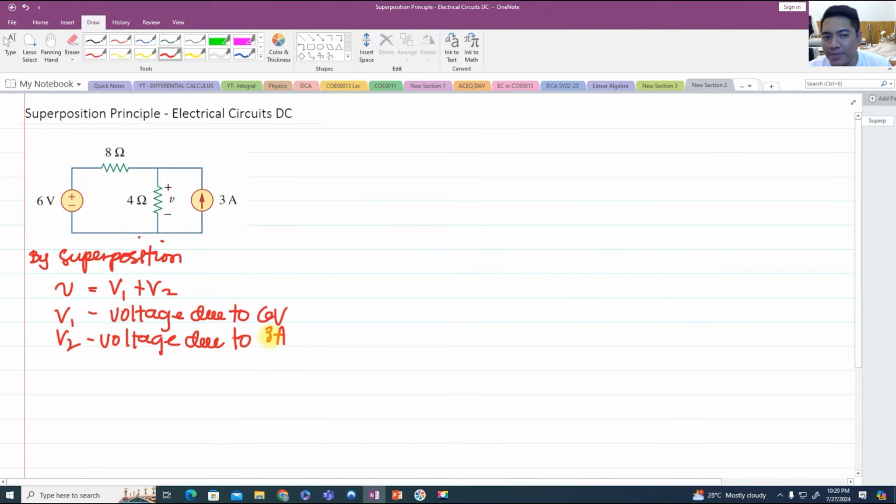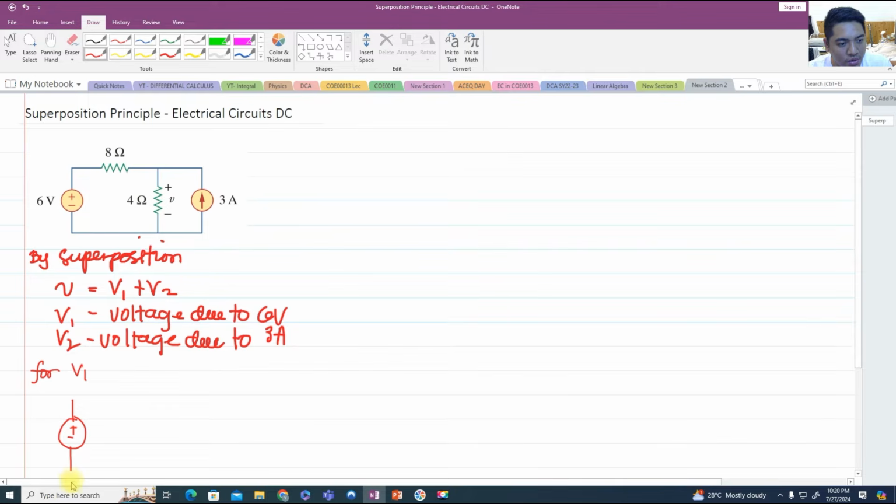So the very first step in solving superposition is to turn off one source. Let's say for V1, I'm going to turn off the 3 amperes. So the circuit will look like this.